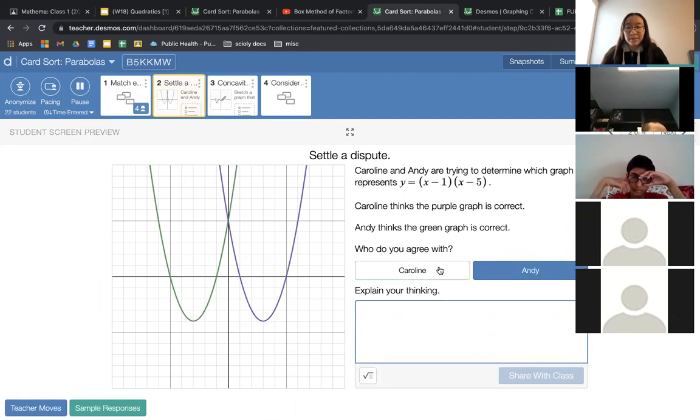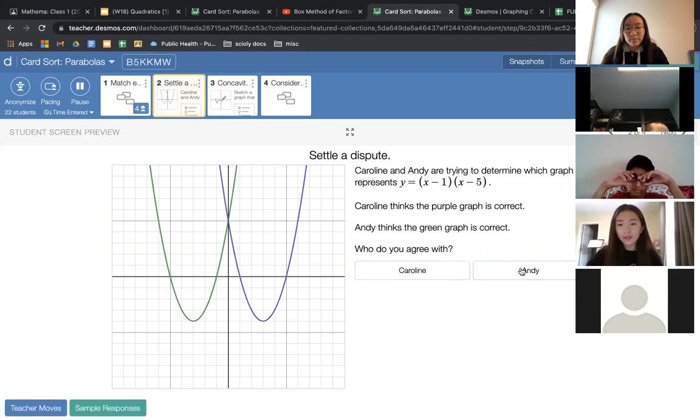Okay, Kyung, do you want to take this one? Oh, sure. Sorry I'm a little late, but Caroline and Andy are trying to determine which graph represents y equals x minus 1 times x minus 5. Caroline thinks the purple one's correct and Andy thinks the green one's correct. So let's do this.